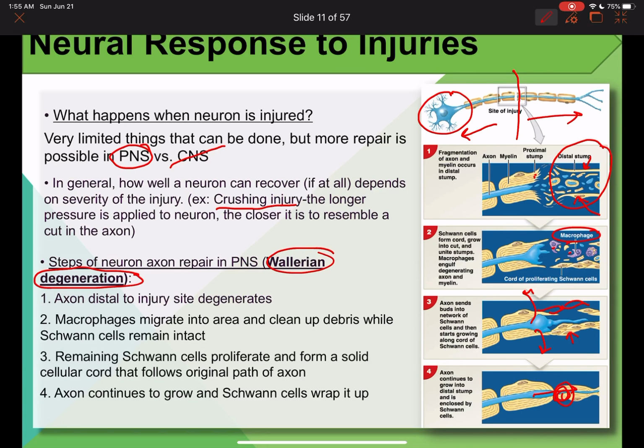So technically speaking, this can happen within the peripheral nervous system on its own after neural injury. That's why a lot of times they say it depends whether your arm, or a finger, is going to move again or not. It depends whether this repair can happen on its own naturally.